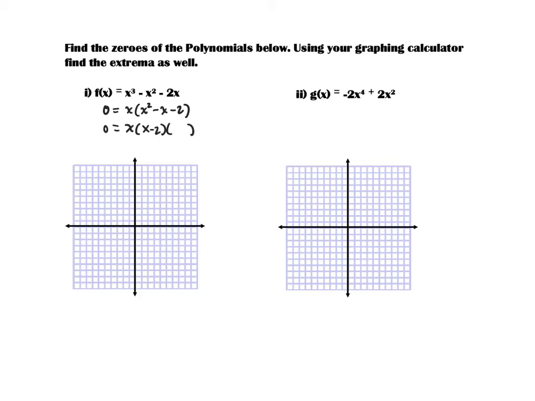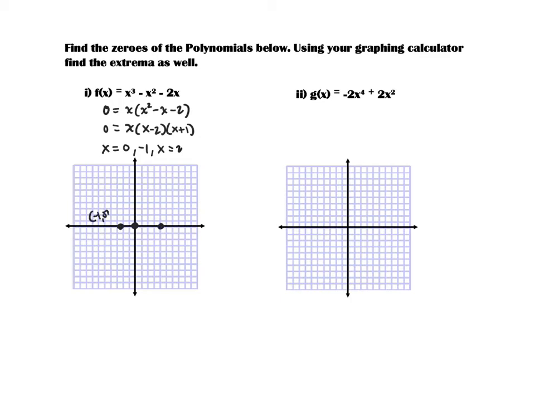It looks like minus 2 and a positive 1 will work. That gives me zeros of x equals 0, x equals negative 1, x equals positive 2. So I'm going to have zeros of 0, negative 1, positive 2.